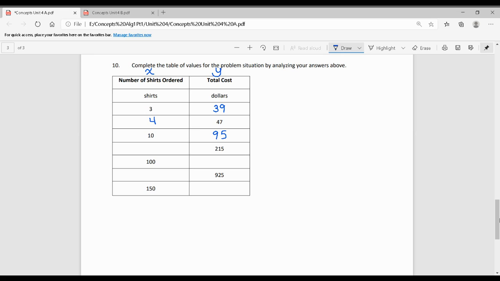And we keep using our data. For $215, we were able to get 25 shirts. From the first page, when it was 100 shirts, it cost us $815. Now, what am I going to put next to the 925? 113.